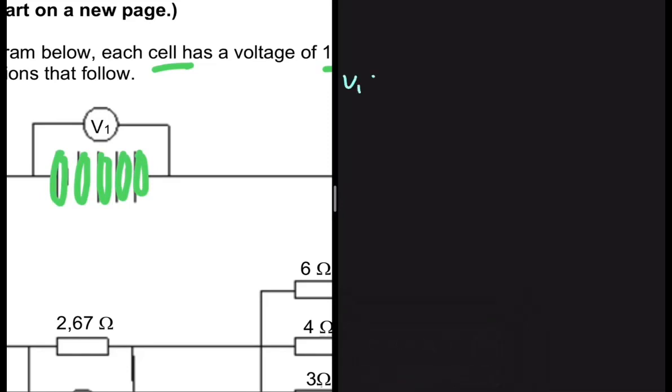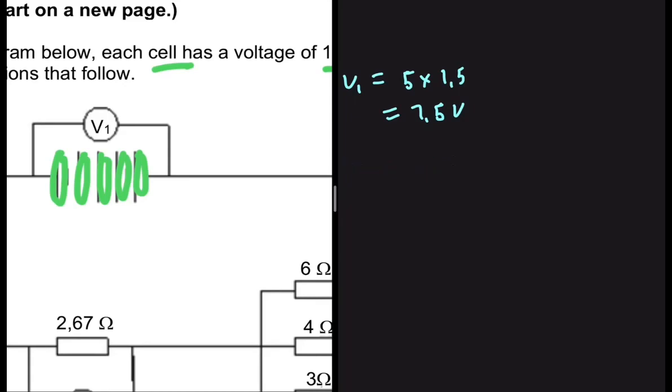So V1 will be equal to 5 multiplied by 1.5, which is 7.5 volts. This is only true because our cells are connected in series. If they were connected in parallel, then the reading on V1 would be just 1.5 volts. You need to know that.